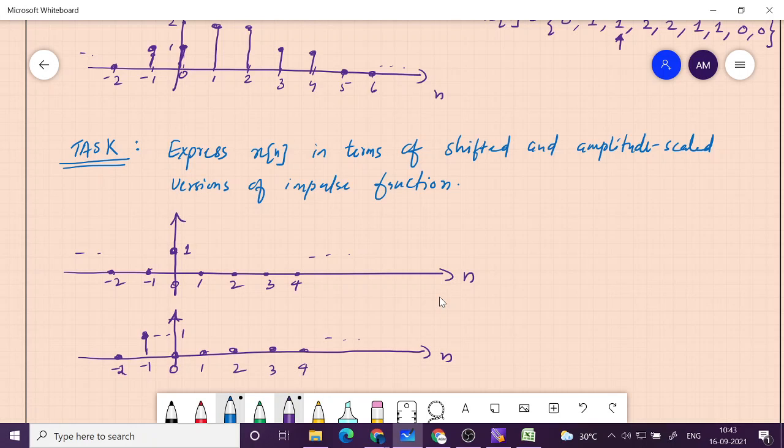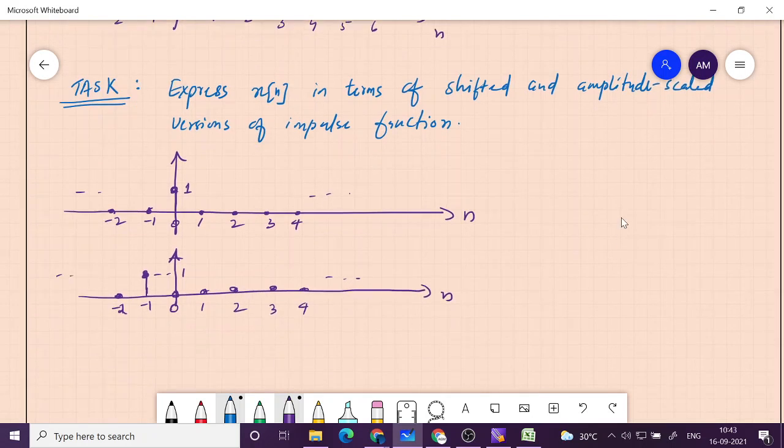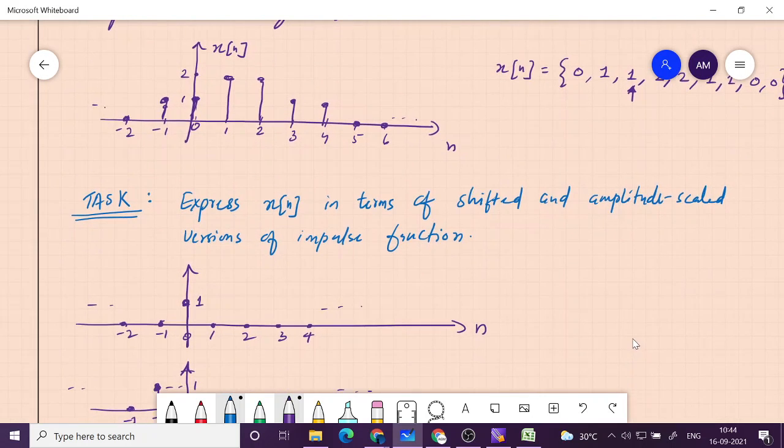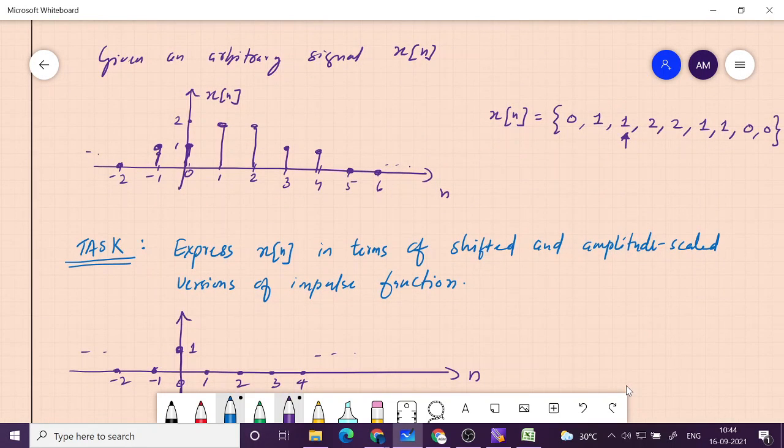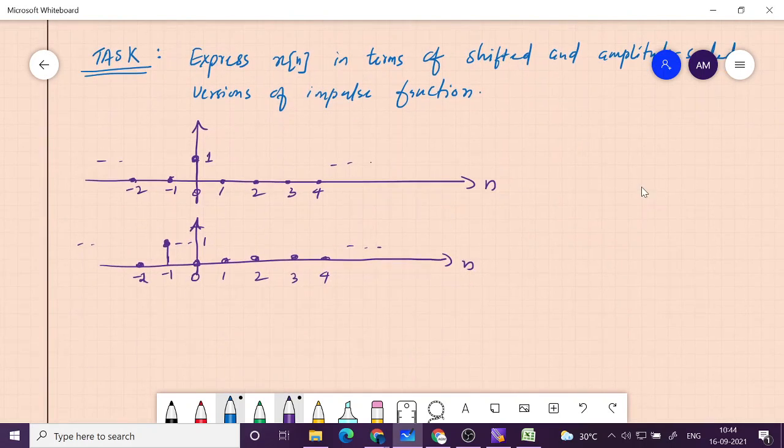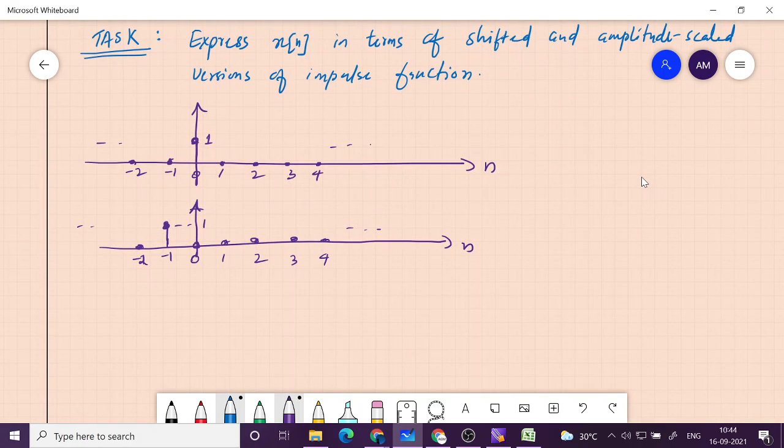All of these are 0. Only one point has a non-zero value, and that value corresponds to one of the samples. Next, I am going to the right. I have the value of the function at n equal to 1 as 2. So I will draw another function.